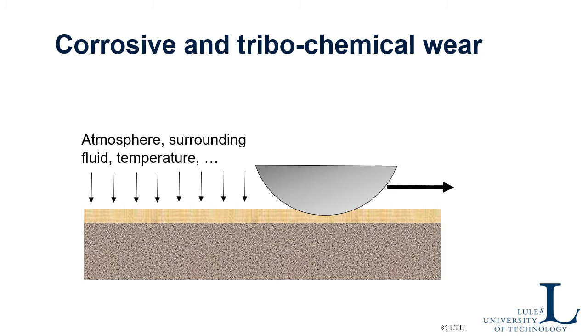But as I said, the mild wear, the wear of the oxide layer, at least at room temperature or only 100 degrees or something in that range of temperature, could be a good type of wear. It's a mild corrosive wear, but you don't talk about corrosive wear until it becomes a problem, that you wear it off too rapidly.